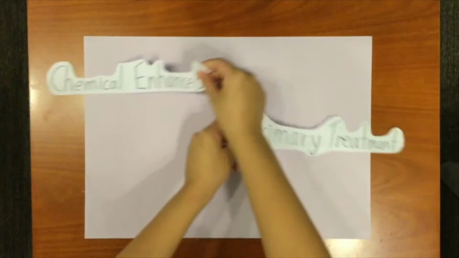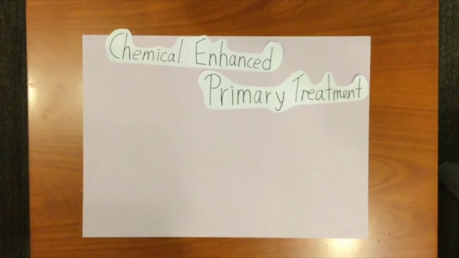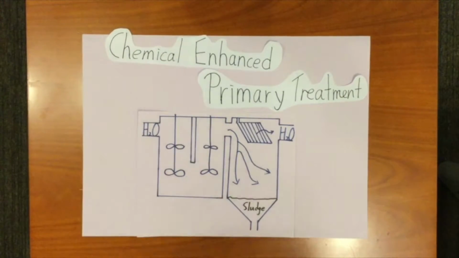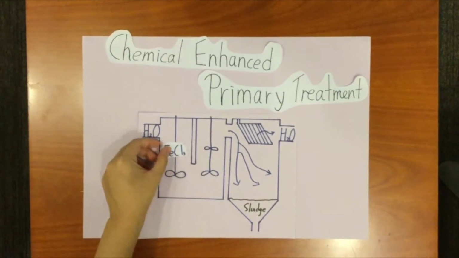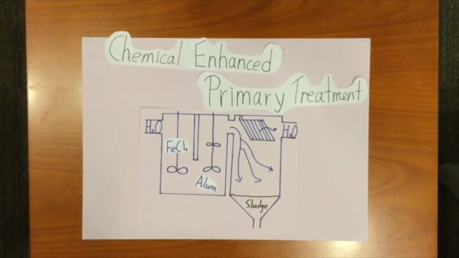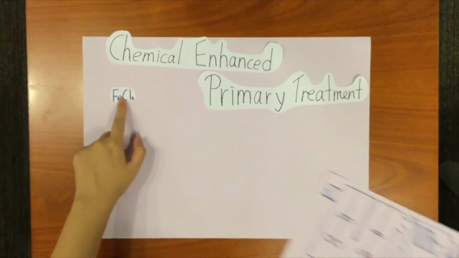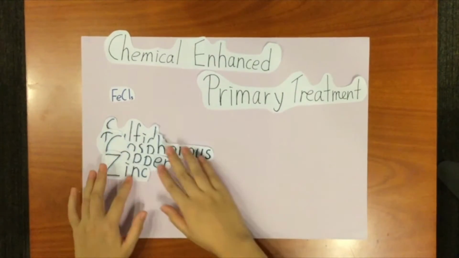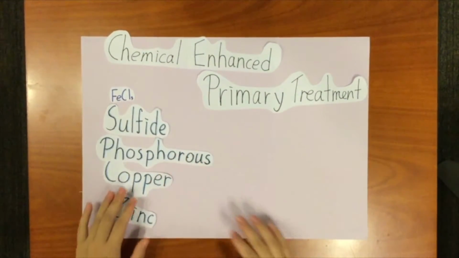Within the primary treatment, chemically enhanced primary treatment increases the removal of total suspended solids. The water is mixed with ferric chemical and alum thoroughly and quickly. The reaction with the chemical can remove sulfide, phosphate, copper, and zinc. Sulfide and phosphate have higher removal efficiency.